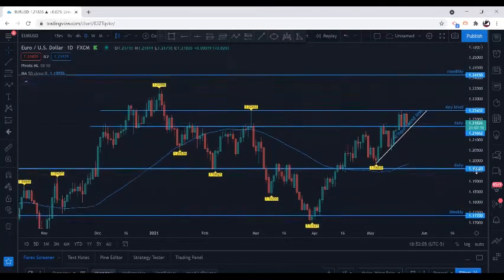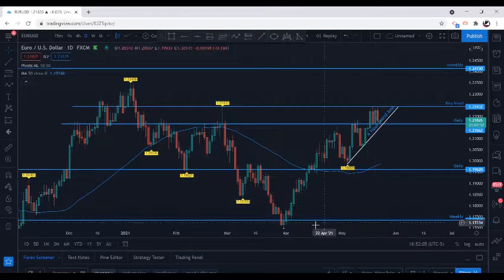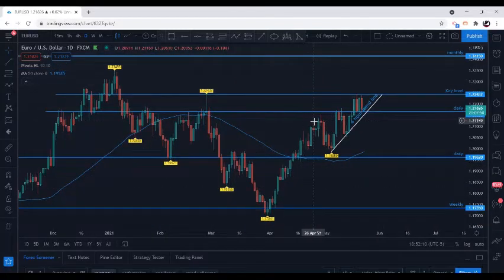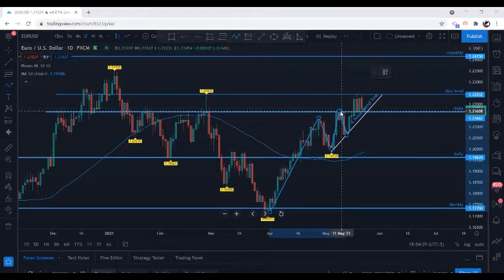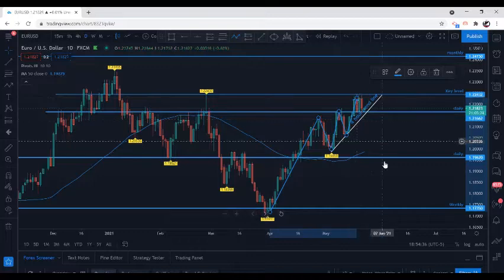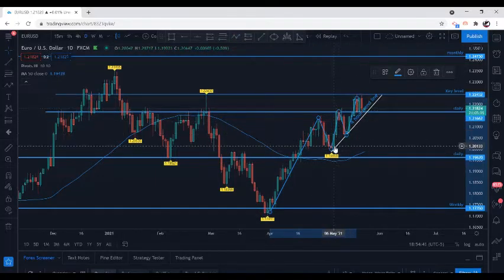Going down on the daily time frame now, what we can identify is that the trend has been struggling. So what you can see is that after this push and this retracement, this push made a higher high before we saw a retracement or another impulsive move. So we can identify that the impulses are getting smaller in comparison to the previous ones.